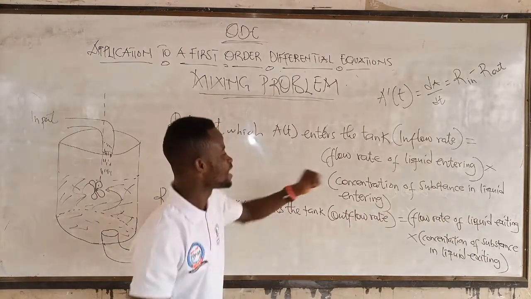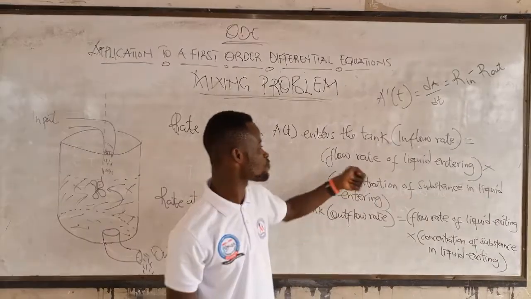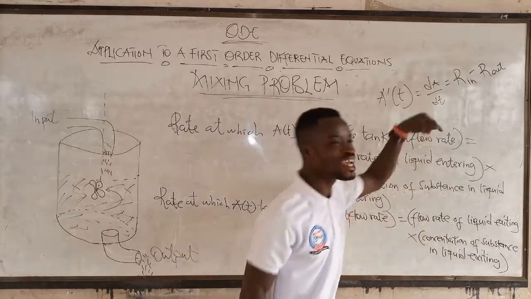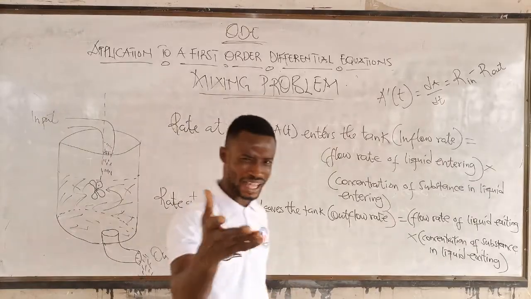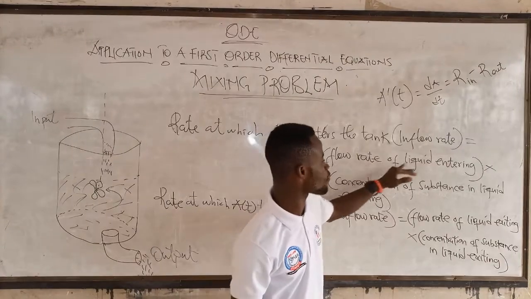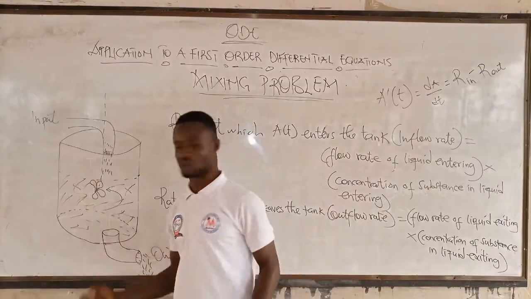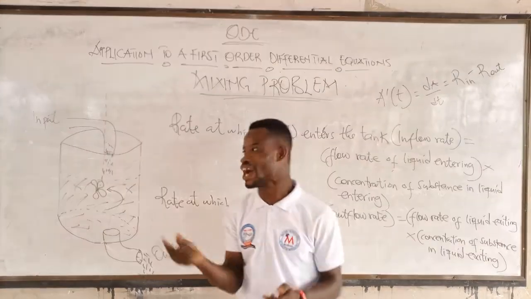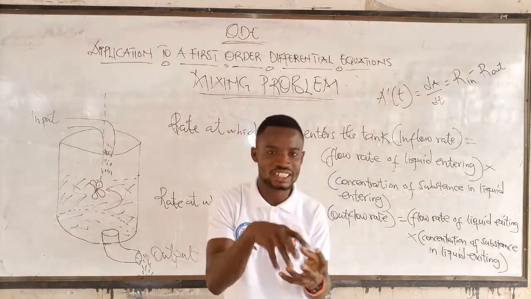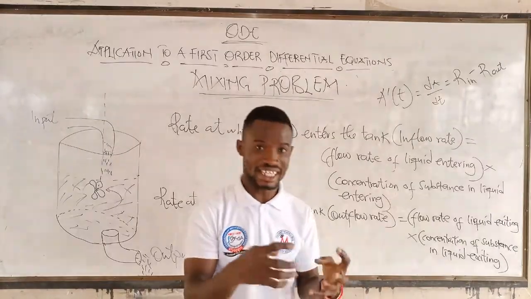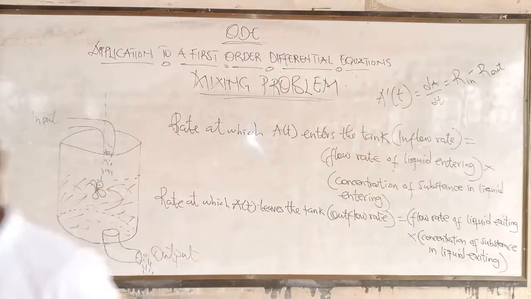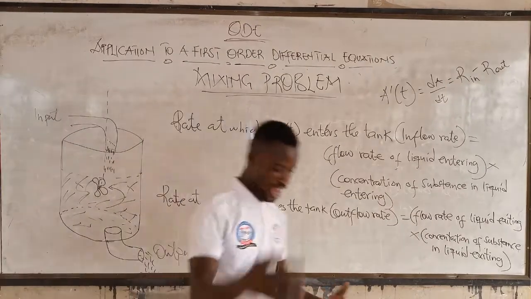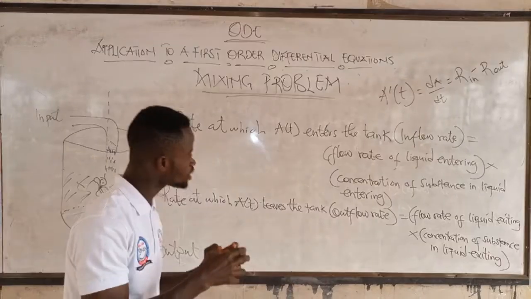So the inflow rate is equal to the flow rate of liquid entry times the concentration of substance in liquid entry, because the liquid that is entering, that is the inflow, has a concentration in it.